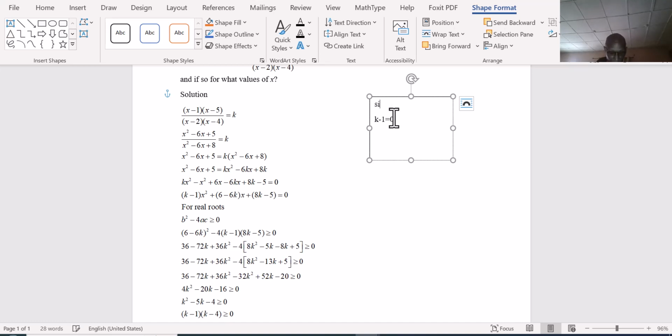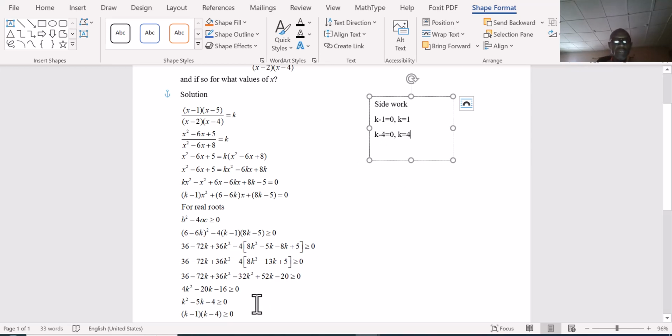So k is equal to 1, and k minus 4 equals 0, k is equal to 4. We have gotten these two values. 4 is bigger than 1, so you start with the smallest to the biggest.